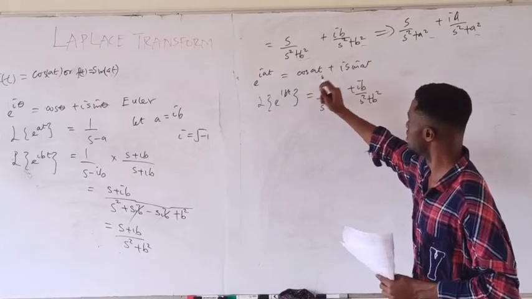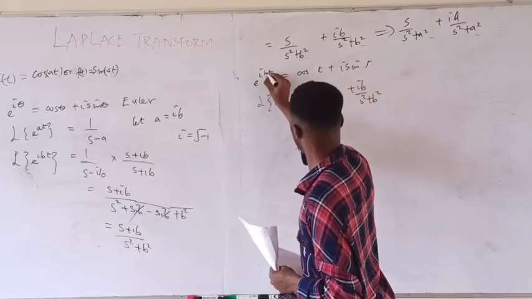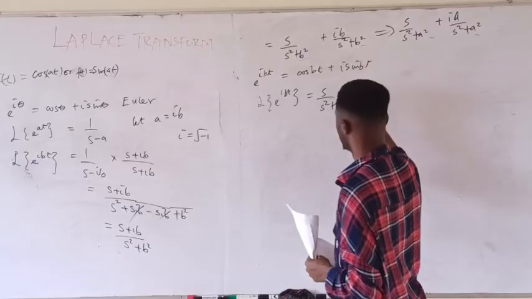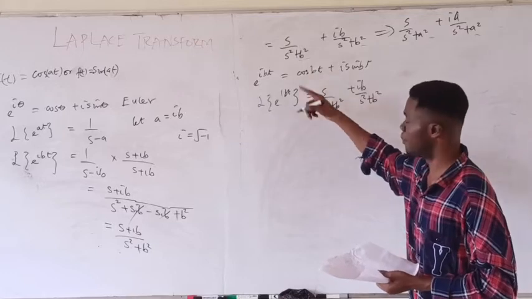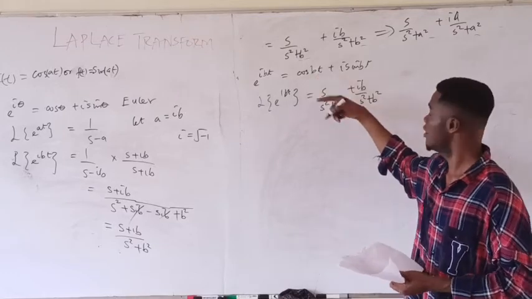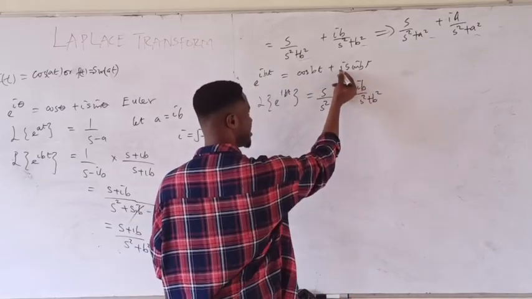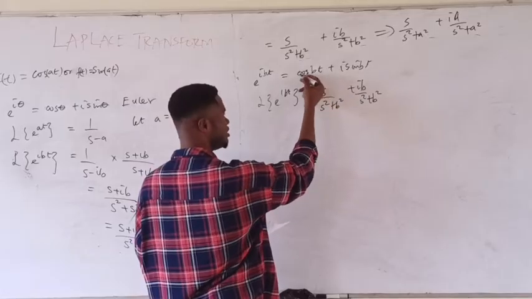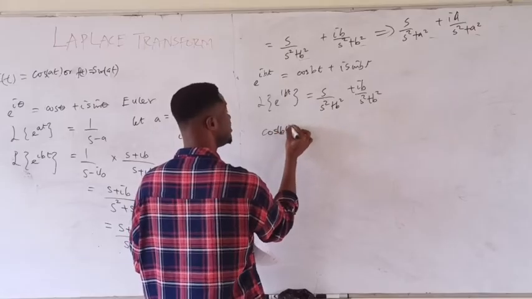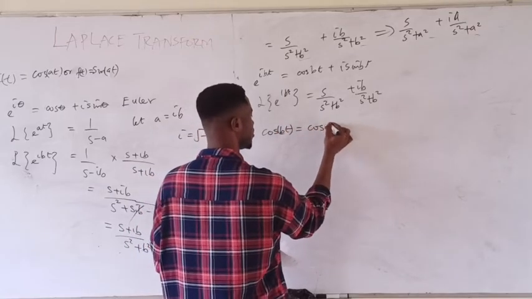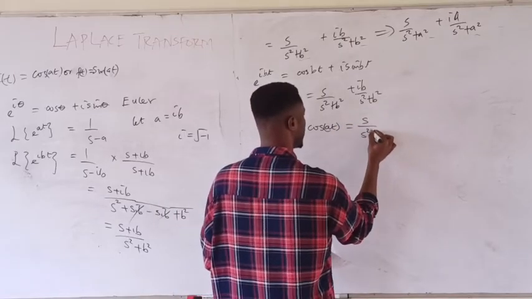So we know that by comparison, these and these are the same, right? Because this I is on the sine, there is no imaginary number on the cos. That means by comparison, cos BT, which is the same as cos AT, is equal to s over s squared plus b squared.